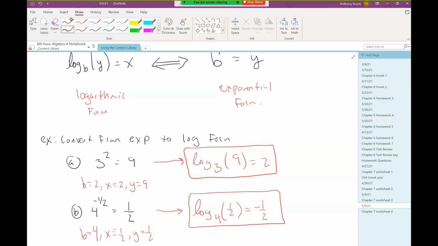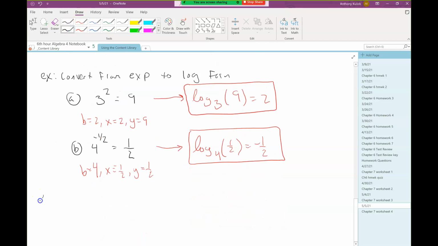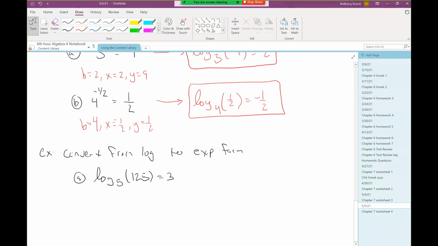We might ask you to go the other direction also, to convert from the log form to exponential. So log base 5 of 125 is equal to 3.